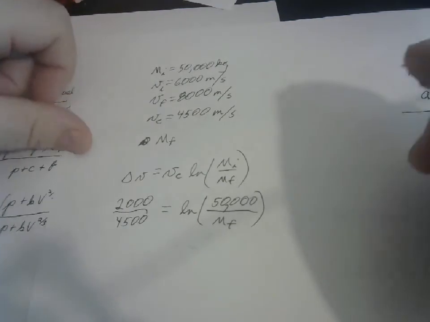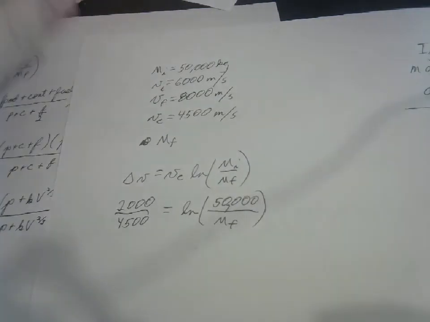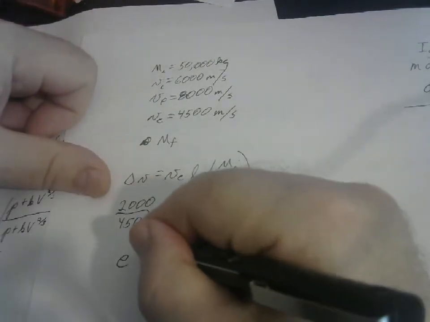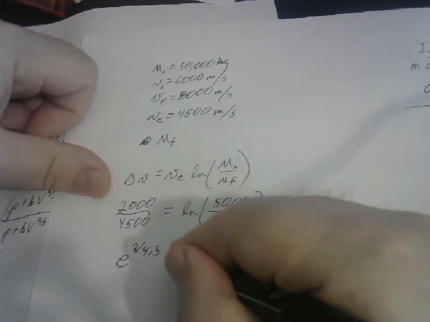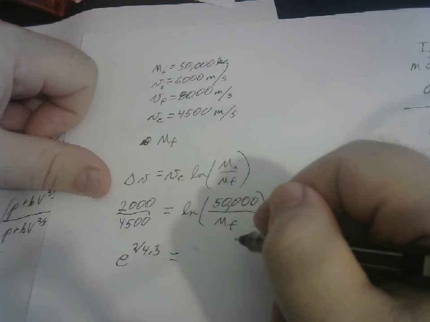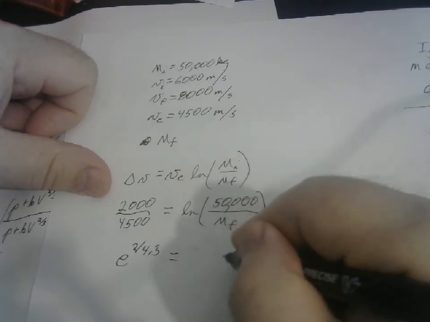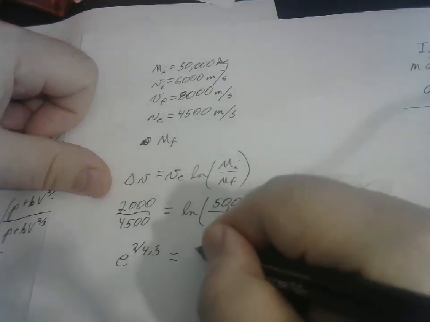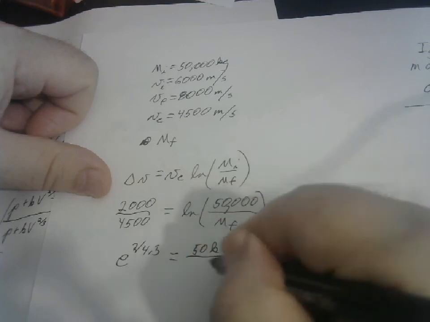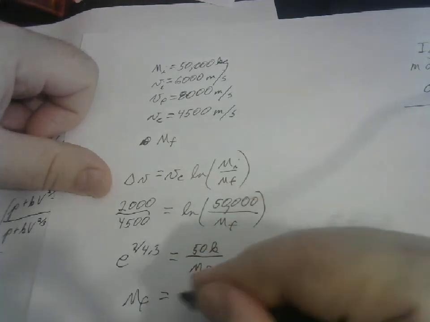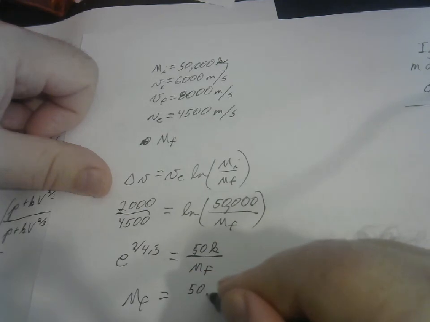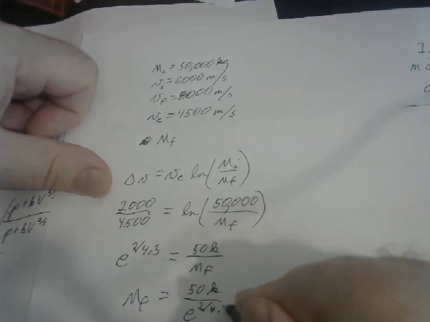And now I'm going to take e to the power of both sides. E to the power of 2 over 4.5 equals 50,000 over mass final, or mass final equals 50,000 divided by e to the 2 over 4.5.